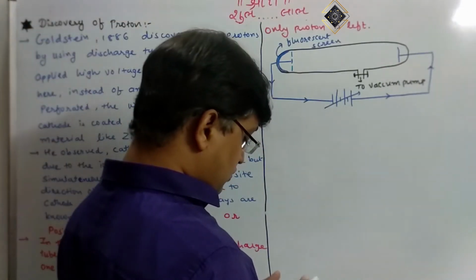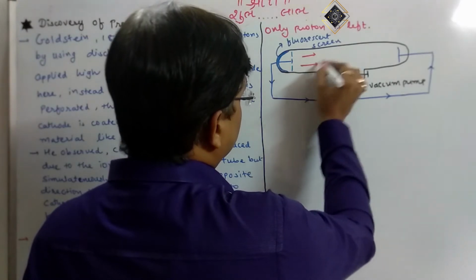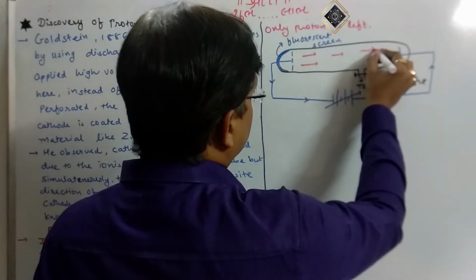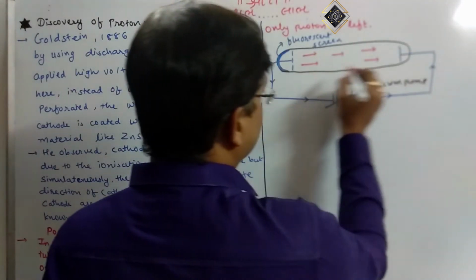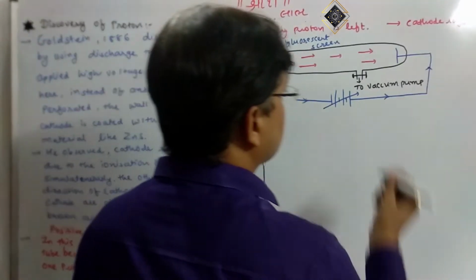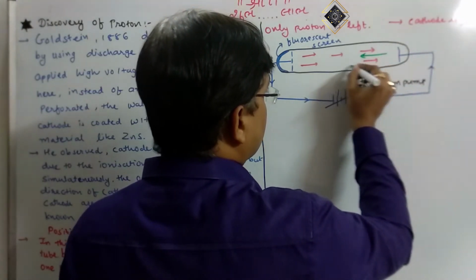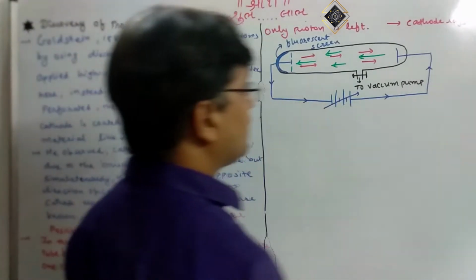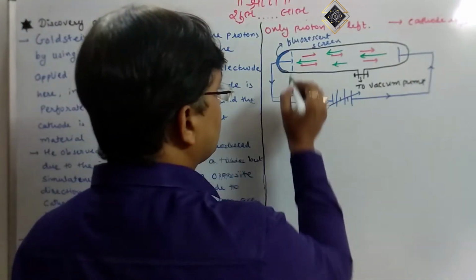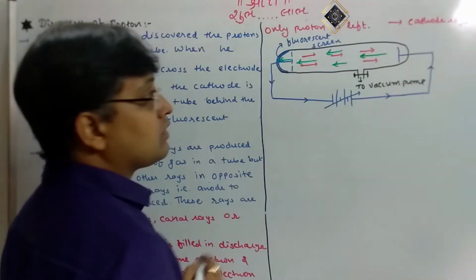The observation shows that the cathode rays are emitted. Goldstein observed that in the opposite direction of the cathode ray, other positive rays are emitted, and that is known as the anode ray.